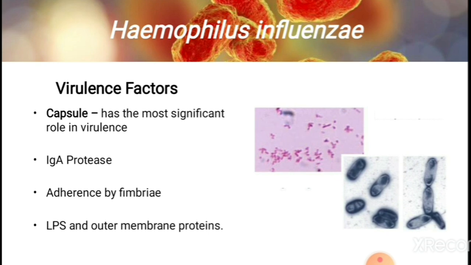And then fimbriae, these are long filamentous polymeric protein structures located at the surface of our bacteria, and they will enable the bacteria to bind to specific receptor structures and thereby colonize specific surfaces. So that's why they will adhere. And then our lipopolysaccharides, these are the major outer surface membrane components present in almost all of our gram-negative bacteria, and extremely strong stimulators of innate or natural immunity in diverse eukaryotic species ranging from insects to humans.